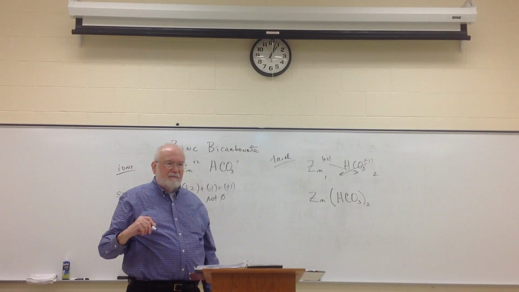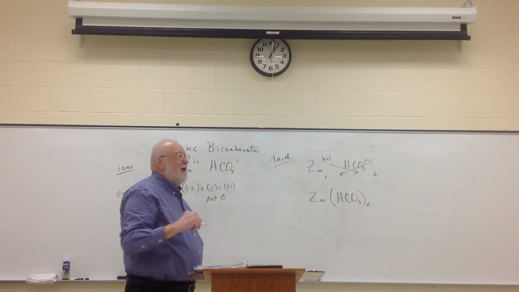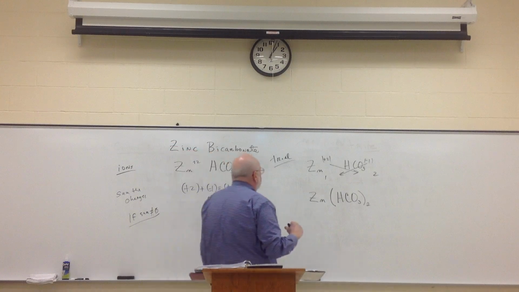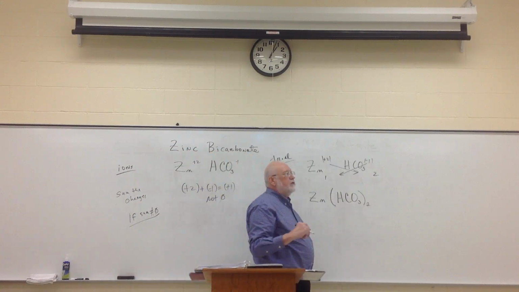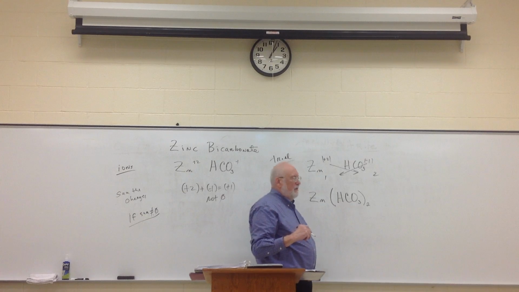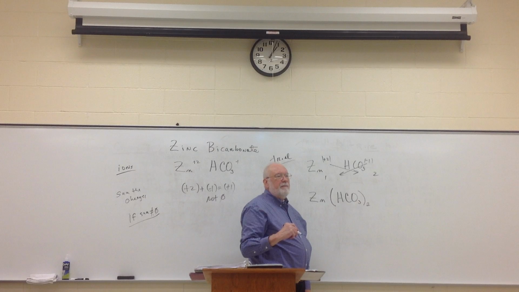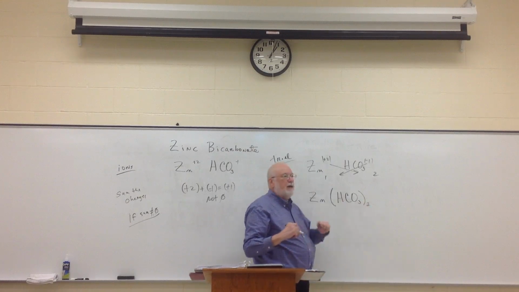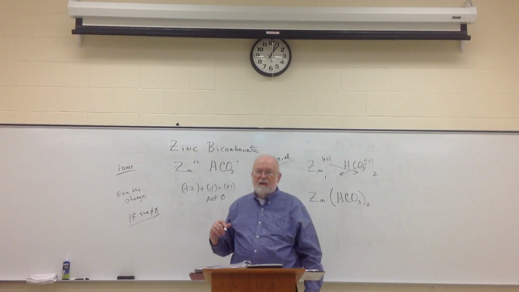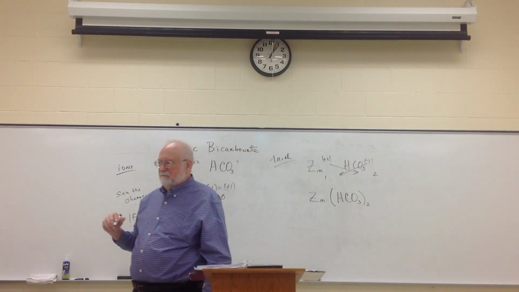All right? Let me say it again. Whenever you have to apply a subscript other than 1 to a polyatomic ion, put parentheses around the formula of the polyatomic ion and apply the subscript following the parentheses.